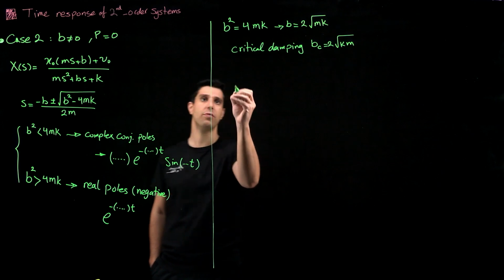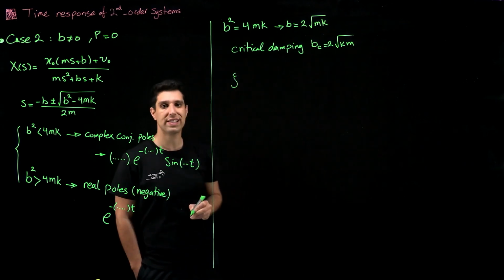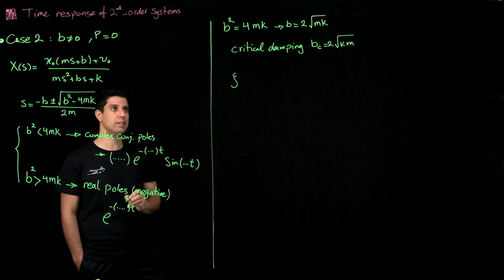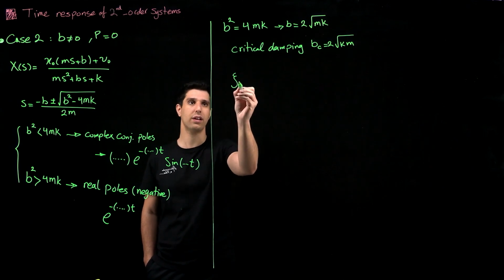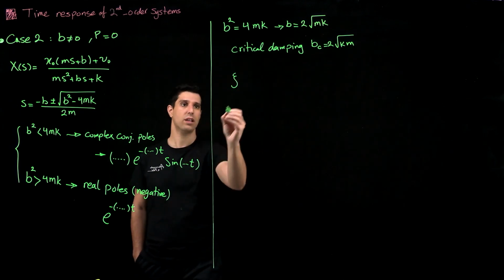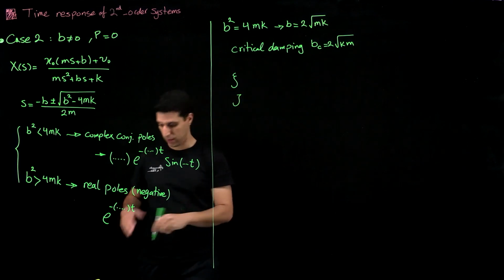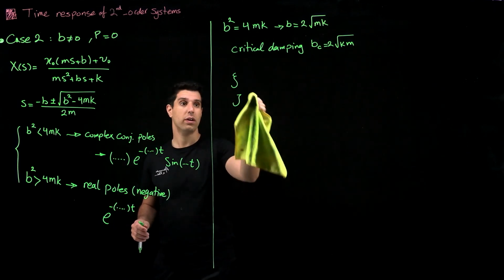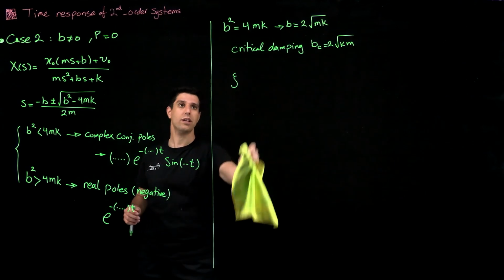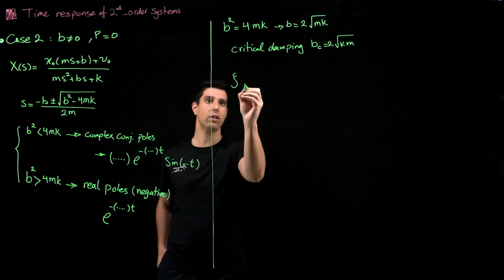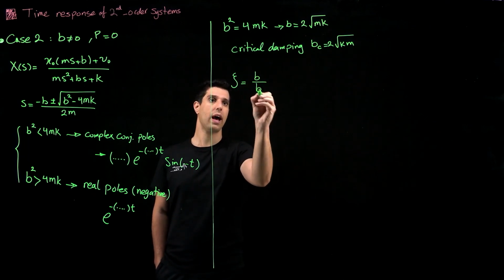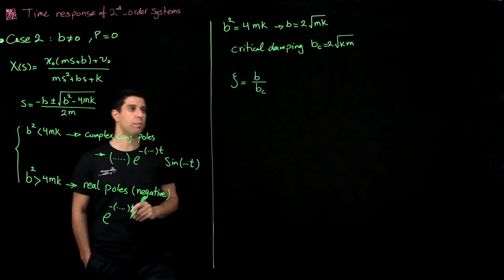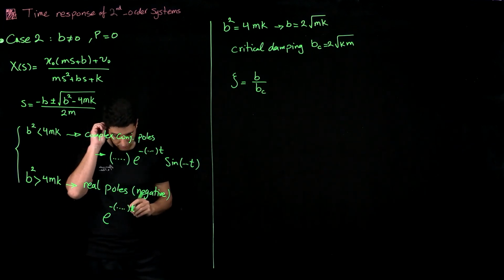So let me define a variable called z. This is the Greek letter z. Very similar to zeta, but I think zeta doesn't have two thingies, only one. This is zeta. Anyways, I could be wrong, I don't know. But anyways, I call this z, and this is a dimensionless variable, and that is the ratio of my actual damping divided by the critical damping value.